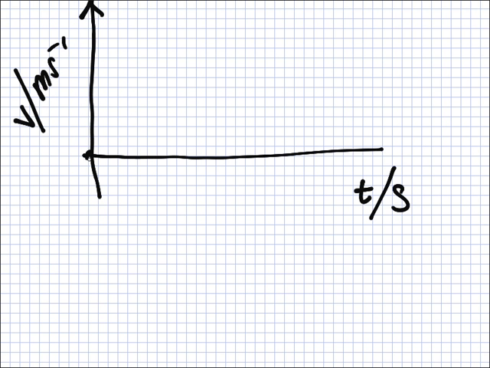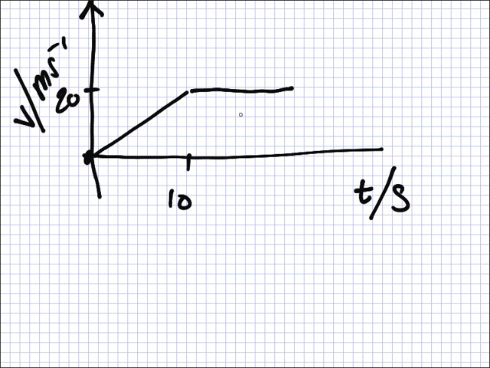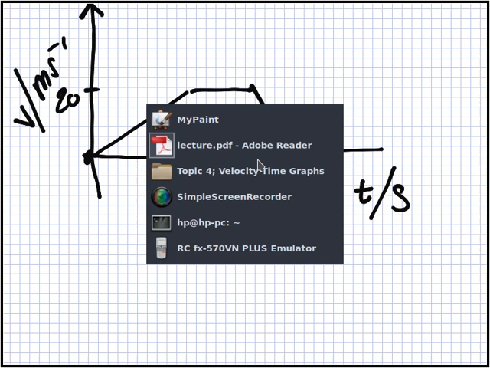And we start at 0, and then we reach 20 here, and this here is 10. And then we travel at constant speed for how long? To 15, correct. And then suddenly decelerate and finish at 19 then. Okay? Easy peasy.